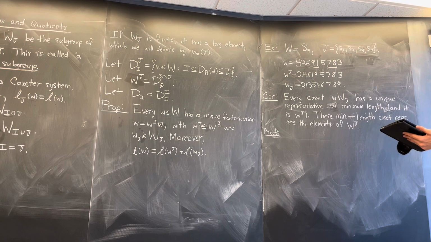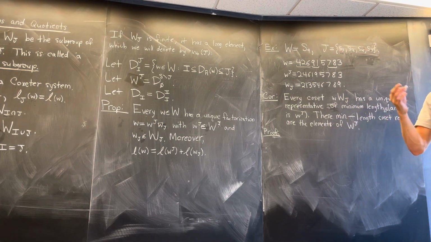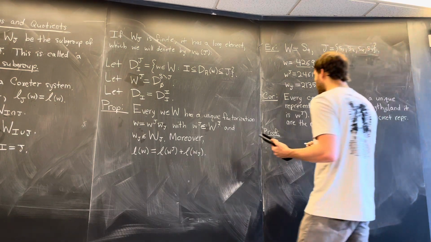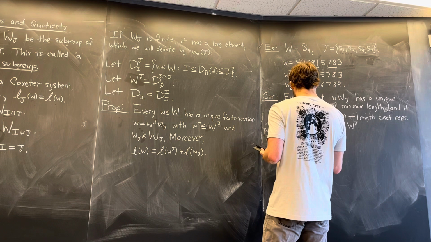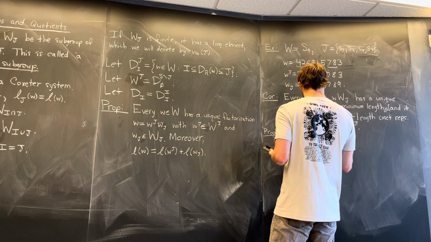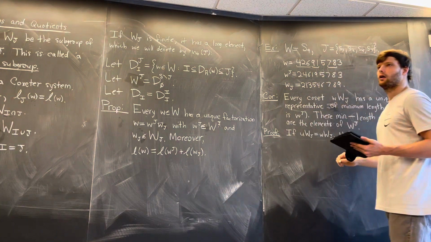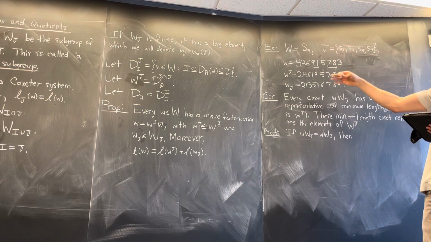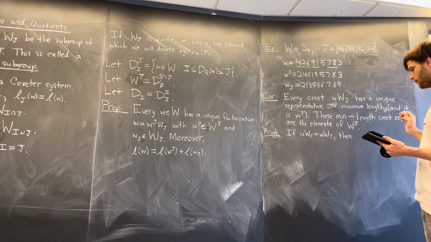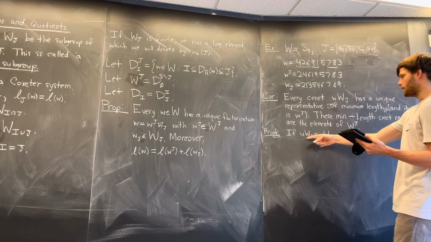Well, basically, the point is that if two elements belong to the same coset, so let's say u times W_J is w times W_J, then I claim that u superscript J will be equal to w superscript J. And the reason is, well, what does this mean?